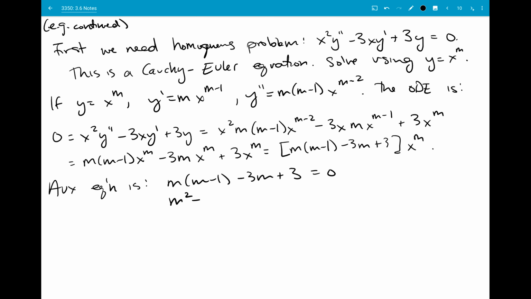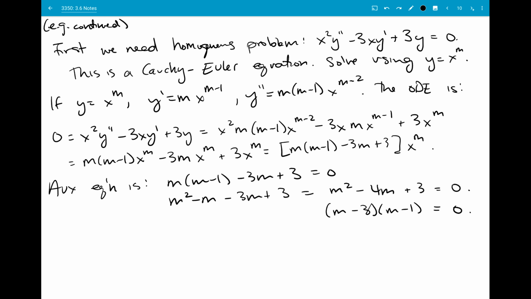So that gives me m squared minus m minus 3m plus 3, or m squared minus 4m plus 3 equal to 0. And that's just m minus 3 times m minus 1 equal to 0, because minus 3 times minus 1 gives you positive 3, but minus 3m minus m gives you minus 4m back. So the roots are m equals 3 and m equals 1.